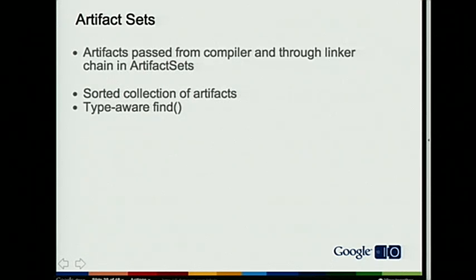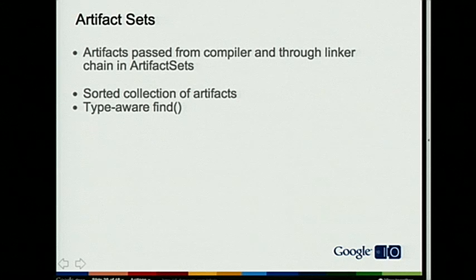The important thing to note about artifacts is that they travel around in something called an artifact set. This isn't anything really fancy. It's basically a Java sorted set that contains artifacts. The artifact set, though, has an interesting set of methods which make it type aware. You can ask an artifact set to give you all the artifacts of a given type.